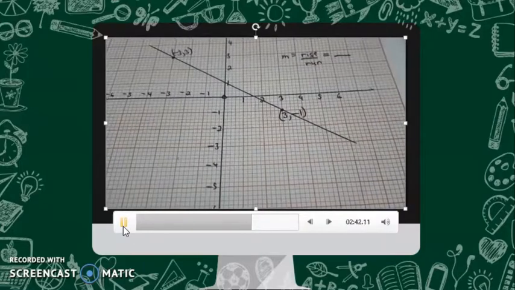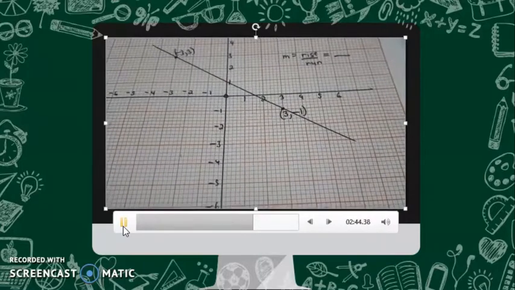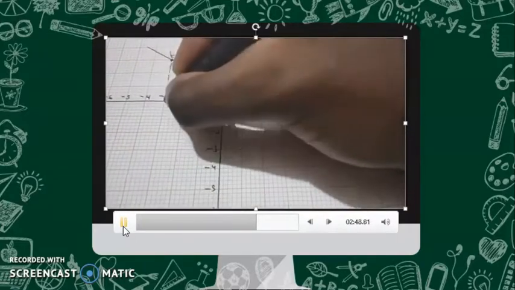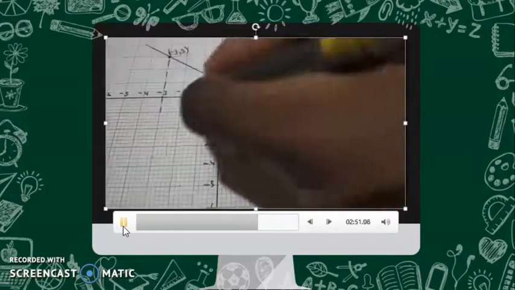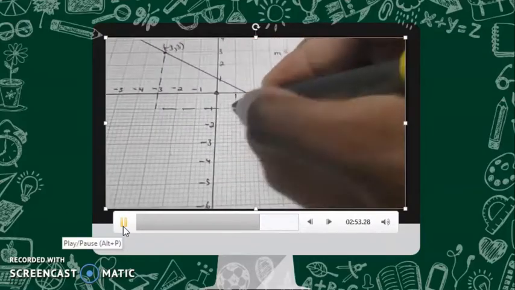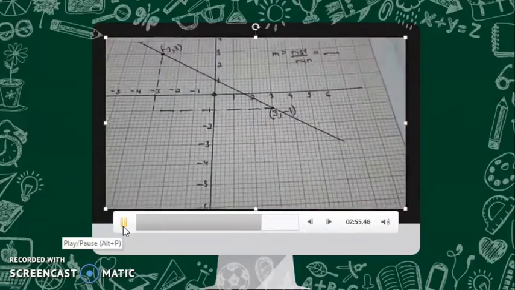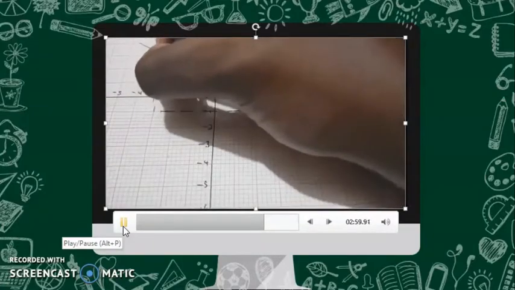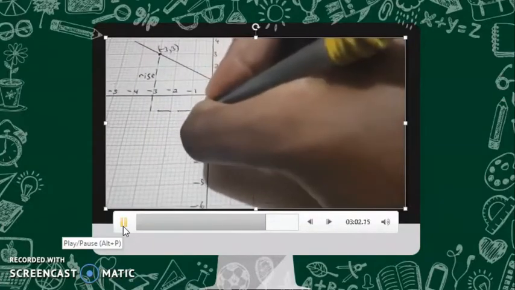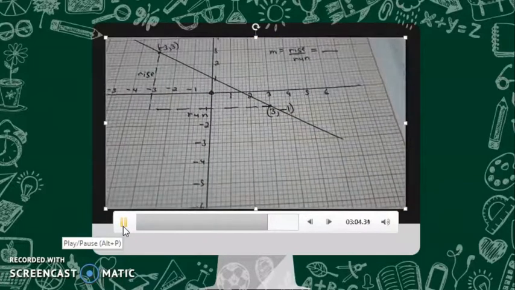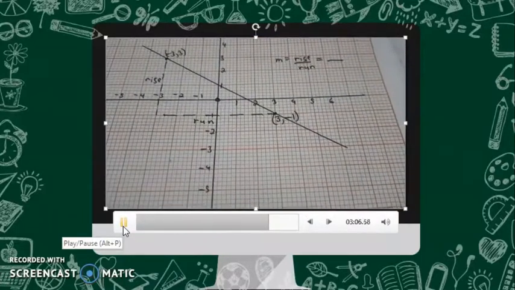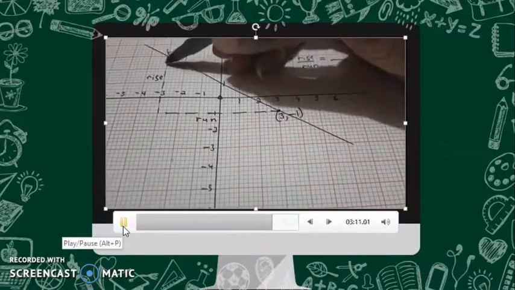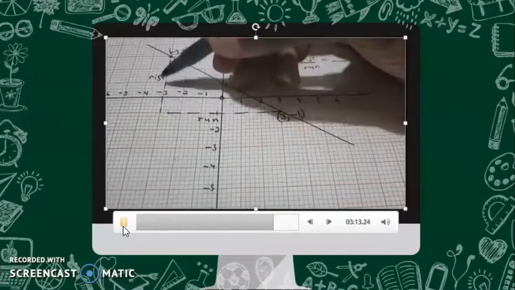Very simple. Alright, so we'll use broken lines to form a triangle. Then we'll label rise and run. Afterwards, we'll count the units to find our rise and run.